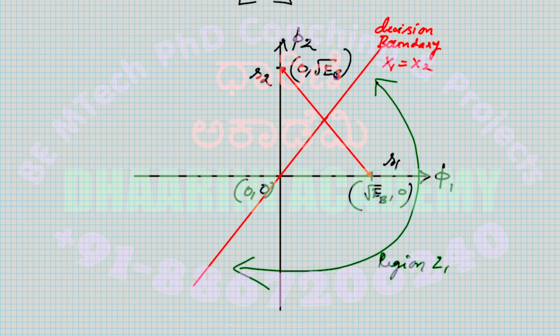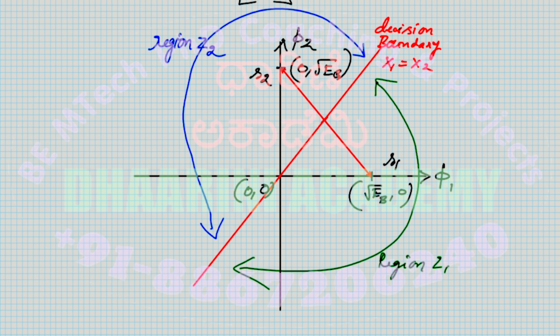I'll also mark another region on the other side, the other half, and denote this region as Z2.